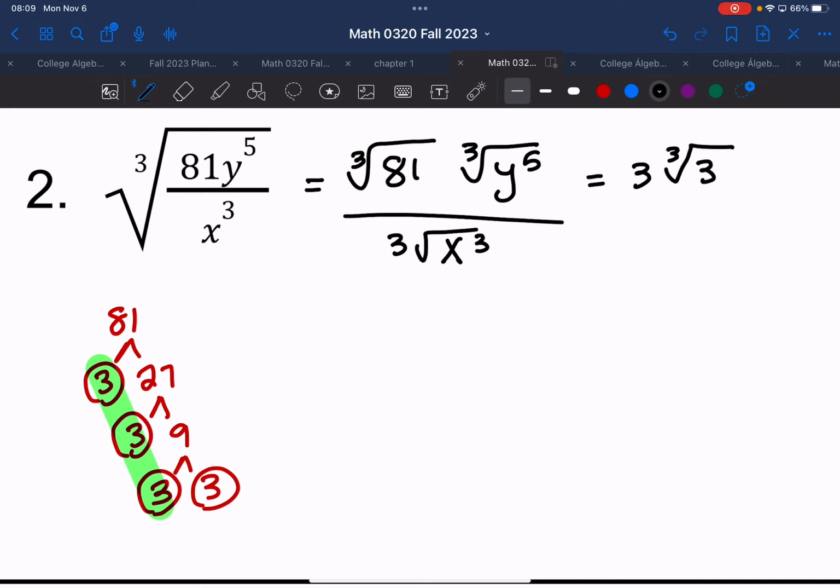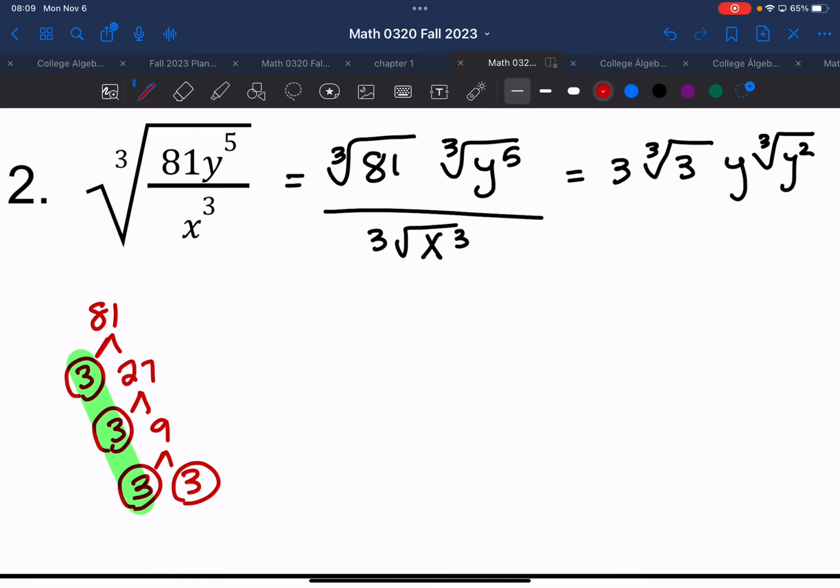Once. And if it goes in 1 time, how many is left over? 2. So that means we would take out a y, because it can only go in once, right? And then we're left with the cube root of y squared, because we said there was 2 left over.